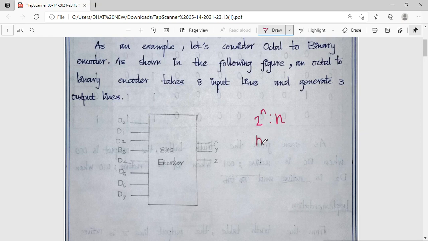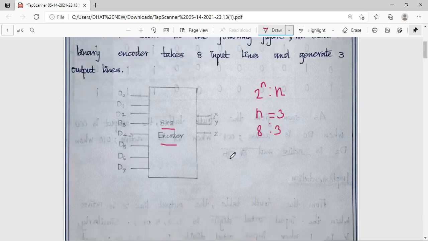If n is 3, we get 8 input lines and 3 output lines. Here we have the 8:3 encoder block diagram. D0 to D7 are the 8 input lines, and X, Y, Z are the 3 output lines.